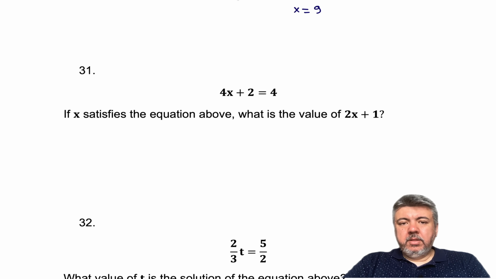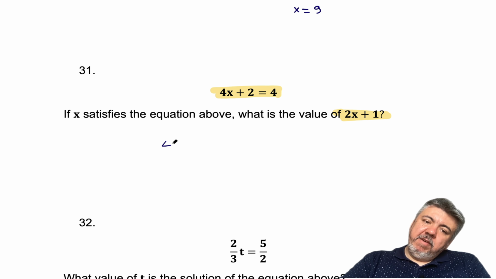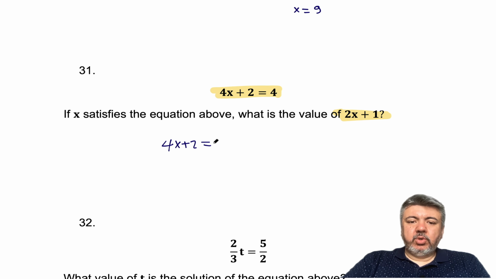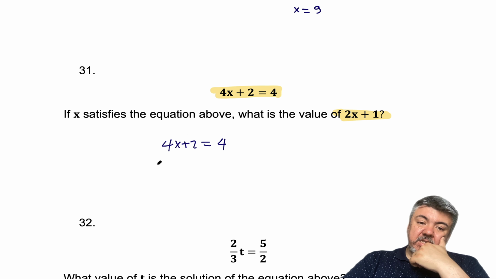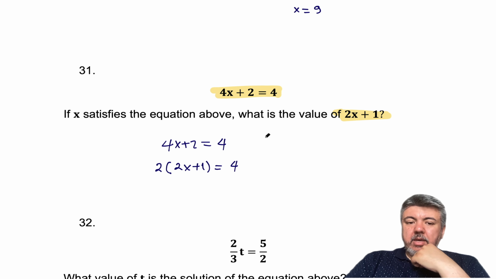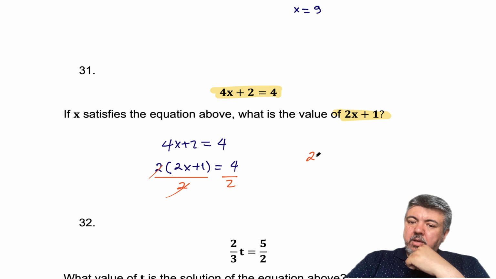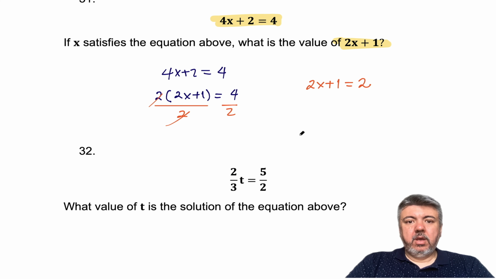Question 31. It's another simplistic question. If you give me 4x plus 2 equals 4 and ask me 2x plus 1, I can say 2 parentheses 2x plus 1 equals 4. As you saw already, divide by 2 on both sides. 2x plus 1 is equal to 2.